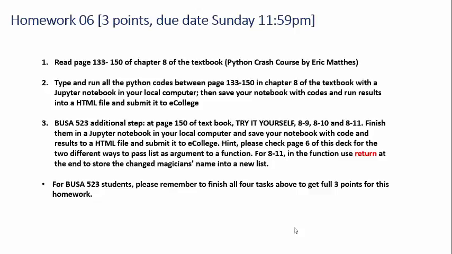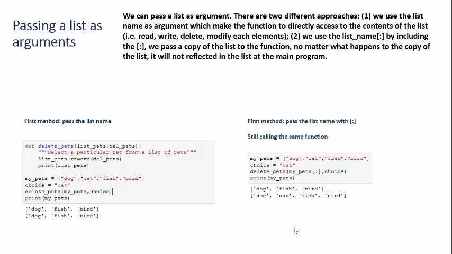So these 3 components in this Try It Yourself are very similar to the code that I listed right here. So you will run your code twice. Once with the list itself, and the second time sending a copy of the list to your functions, and you first need to define your function and call your function separately.